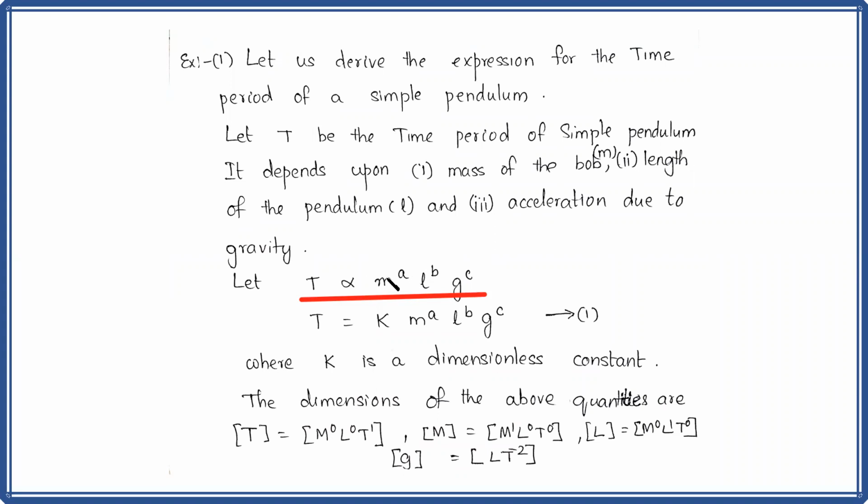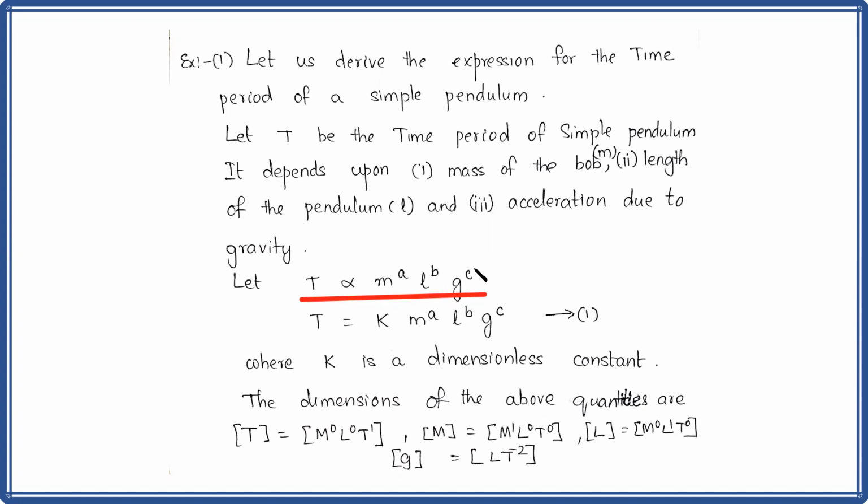But how it depends, we don't know. So randomly, we have taken mass to the power of A and length to the power of B. Length means length of the pendulum, and g, acceleration due to gravity, to the power of C. So we are taking m to the power of a, l to the power of b, g to the power of c.